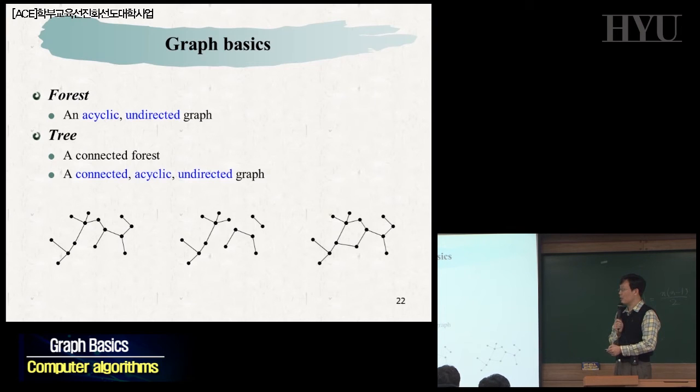Yes, it is connected, acyclic, and undirected. How about this? Is this a tree? Why not? Yes, it's not connected. So this is not a tree. How about this? Is this a tree? Why not? Yes, because of this cycle, it isn't a tree.